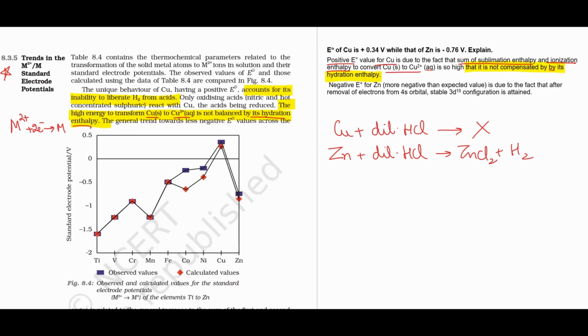Whereas E0 value for zinc is negative, that means zinc has a positive oxidation potential, whereas copper has a negative oxidation potential. These are the reduction potential values. So the oxidation potential of zinc is positive. Hence, zinc can readily undergo oxidation from 0 to +2 oxidation state, whereas copper cannot.